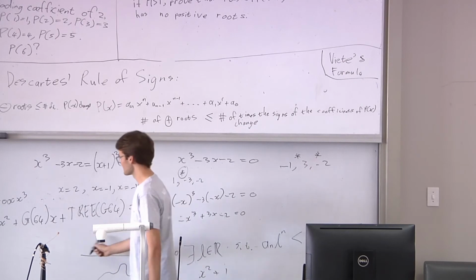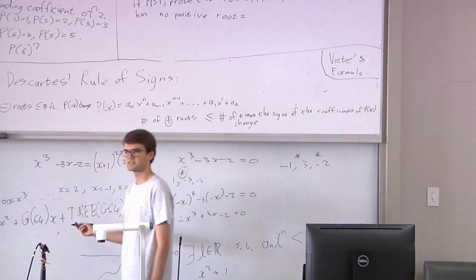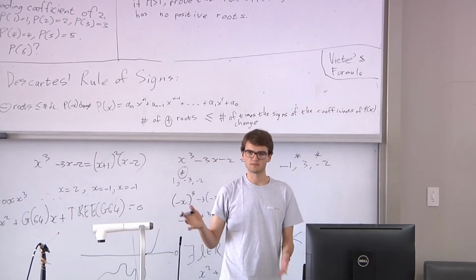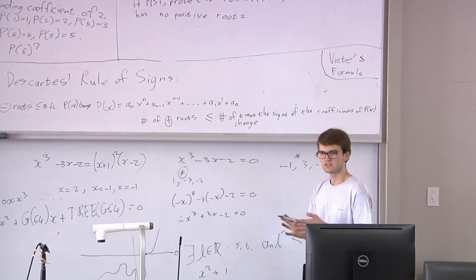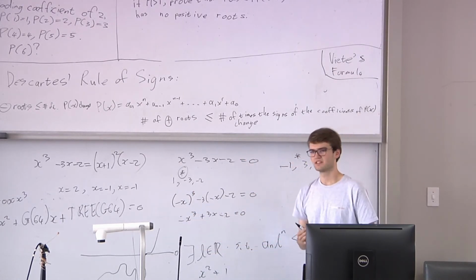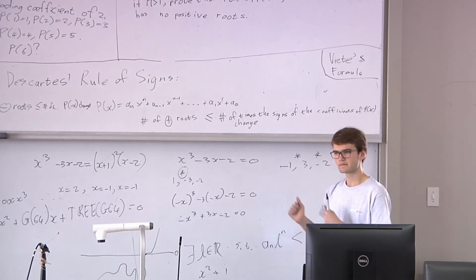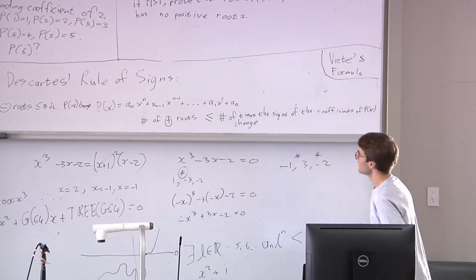You can just notice that the sign never changes, which means that there is never a positive real solution. So there's no point looking for a positive real solution in that case. So that's how it's useful.